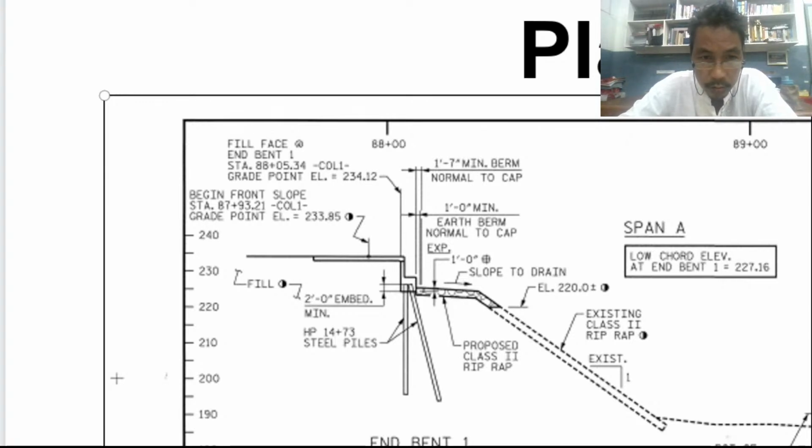It may even look like a W. I tell you, it looks like W, but it is structural steel and H piles.